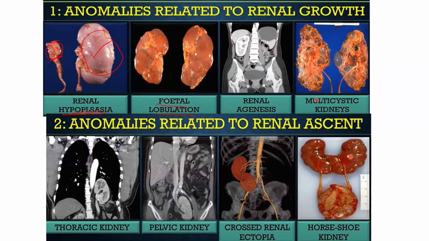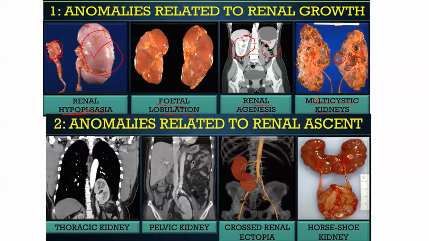If you take the fetal kidney, it has lobules, but these lobules usually fuse to form that smooth kidney in an adult. Now, if you look at this one, you can see that the right kidney is there, but the left one is nowhere to be seen. So that's renal agenesis, unilateral renal agenesis. This is multicystic or polycystic kidneys. You can see cysts. These cysts contain urine, and it is failure of the metanephric blastema to form communication with the ureteric bud.